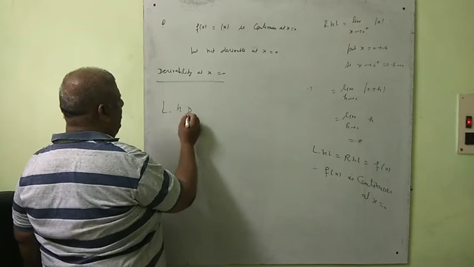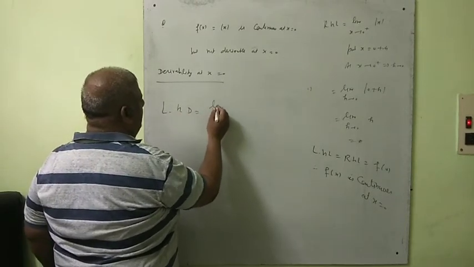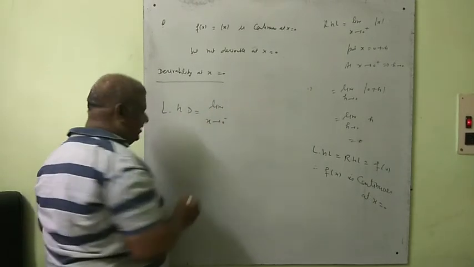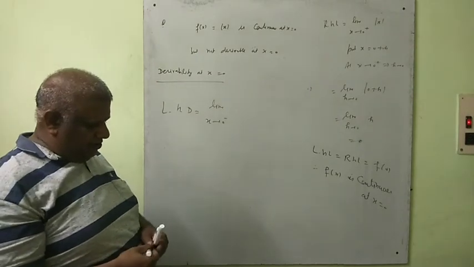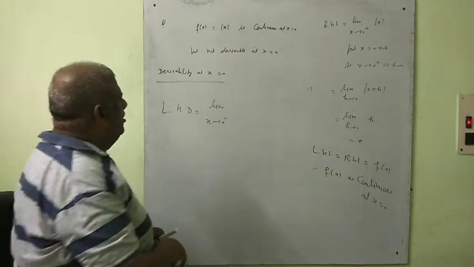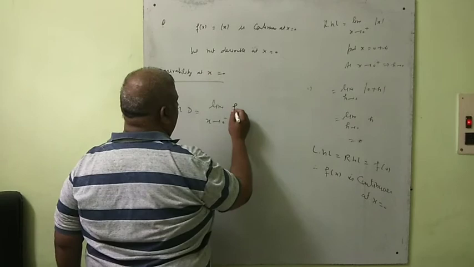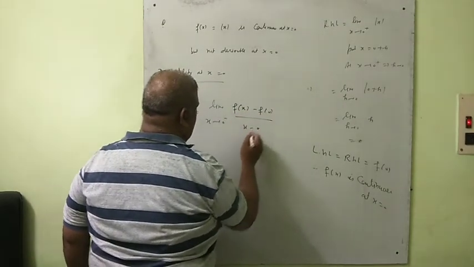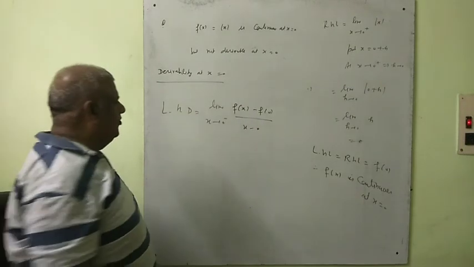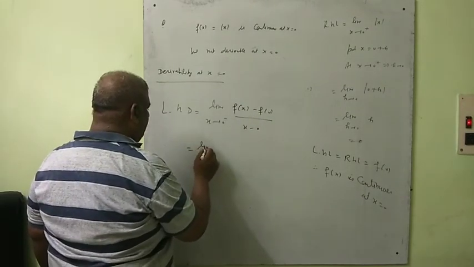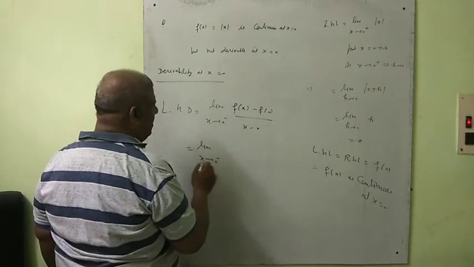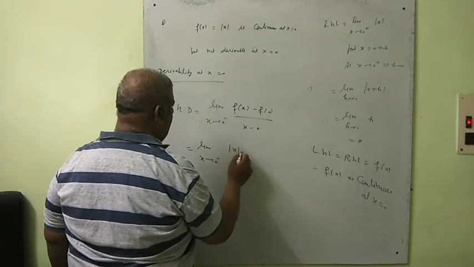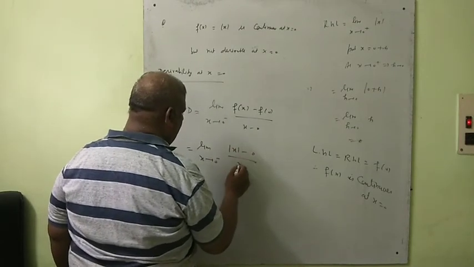Left hand derivative, limit x tends to 0 minus of (f(x) minus f(0)) upon (x minus 0). Limit x tends to 0 minus, f(x) is mod of x, f(0) is 0.